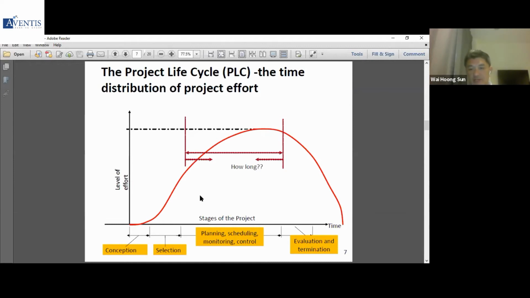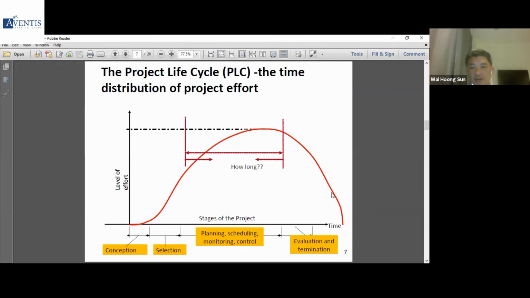to implement the project, to run the project, to do the things that need to be done in the project. And of course, towards the end, when the project is finishing, you also need less and less manpower for the project. So towards the end here, a lot of times the staff can be assigned to other projects, because you do not need them at this point in time.